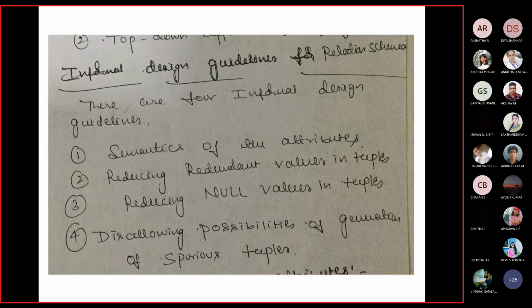There are mainly 4 informal design guidelines. The first one is semantics of the attribute, the second one is reducing redundant values in a tuple, the third one is reducing null values in tuples, and the fourth one is disallowing the possibility of generation of spurious tuples.